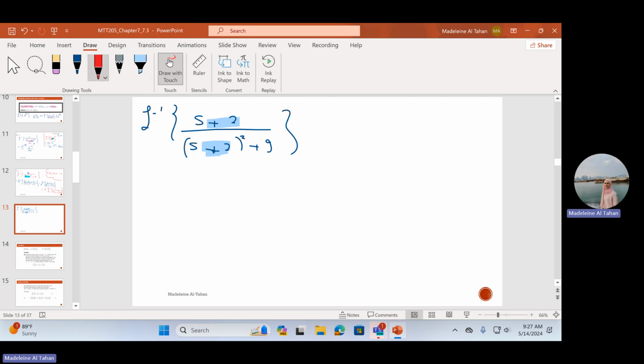We remove the 2. We are left with what? We are left with cosine 3t. And this plus 2 means that a equals minus 2, so we will multiply by e to the minus 2t. Any questions, miss?